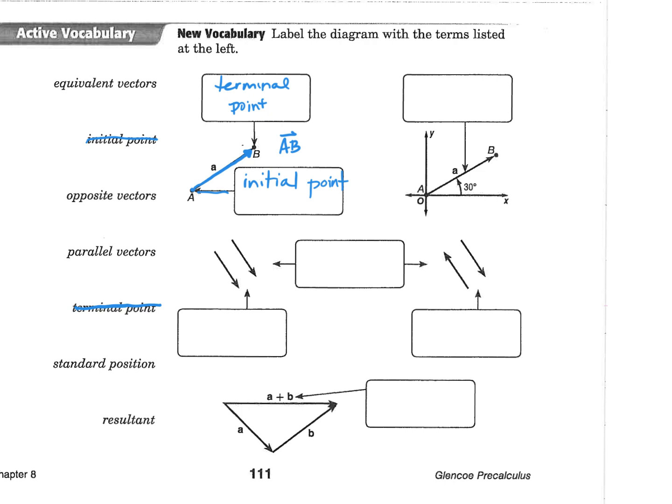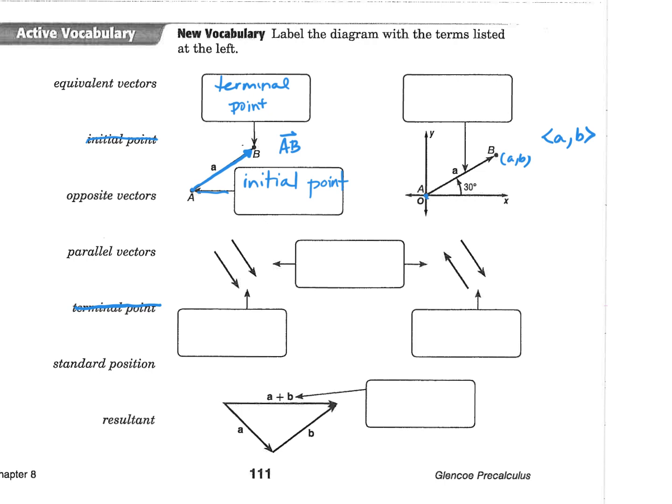When we draw a vector, we often draw the vector starting at the origin, okay? And then going to some other point. To do that, we would call this vector AB, A would be here and B would be here. In other words, this would be the point AB. Hang on. Let's do this the right way. If this is the point AB, then this would be called vector AB if it starts at the origin.